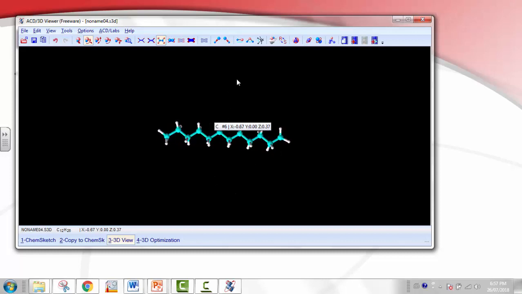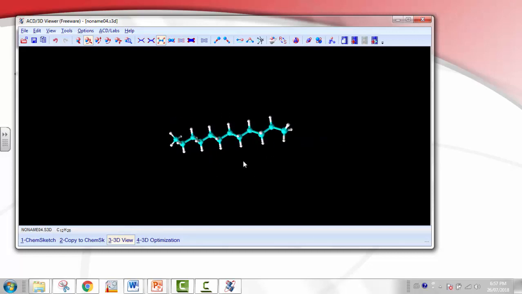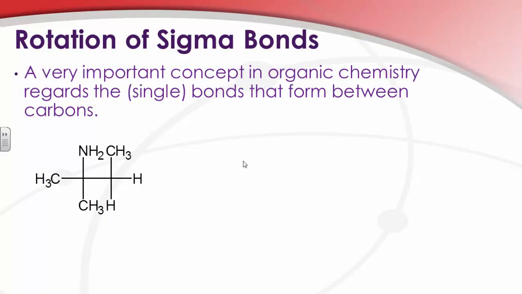So this is approximately the tetrahedral angle between each one of these substituents. Hopefully that is reasonably clear. Okay, so when we draw then a carbon chain like this one, we have to keep in mind that we're representing in 2 dimensions something that is really in 3 dimensions.